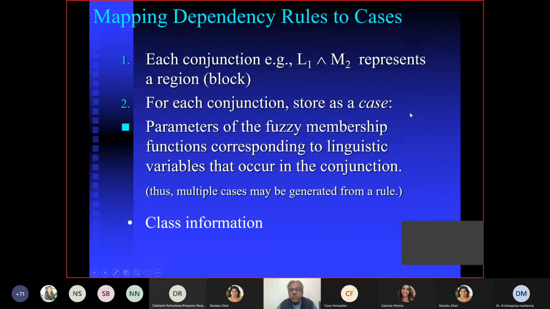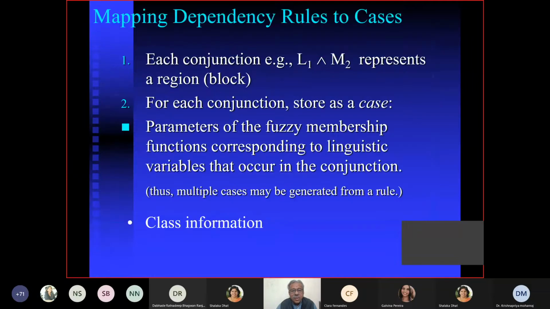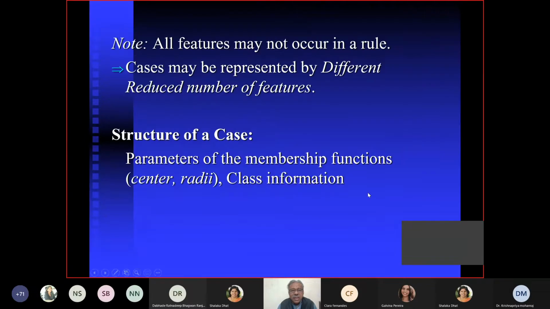For each conjunction we store the membership functions, that means central point and bandwidth, and I put the label class 1. So that is my case. This is the class information, and I give the membership values of these functions which appear in the rule. Every class may have more than one such rule. This is the structure of a class: parameters of the membership function, center and radius of the membership function, and class information.